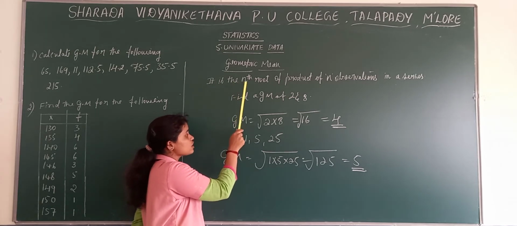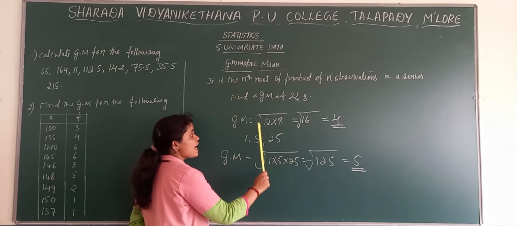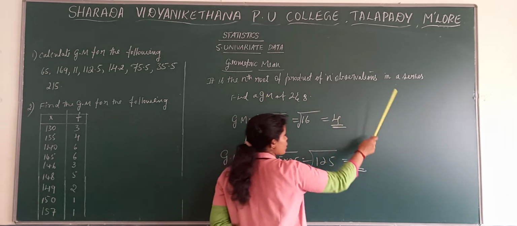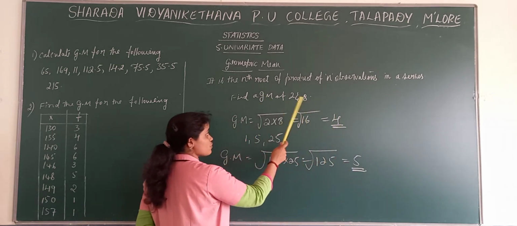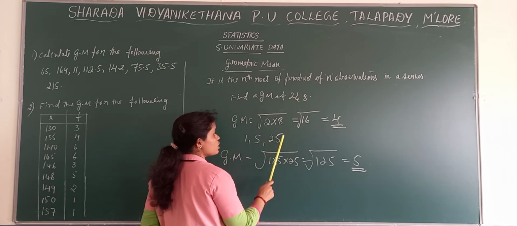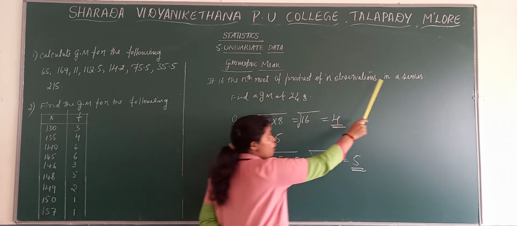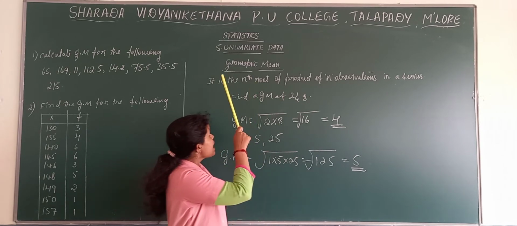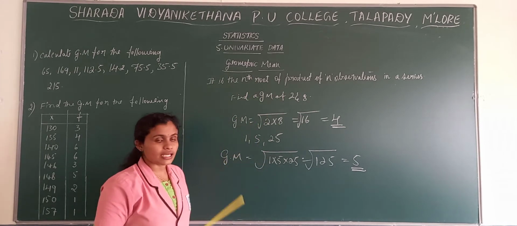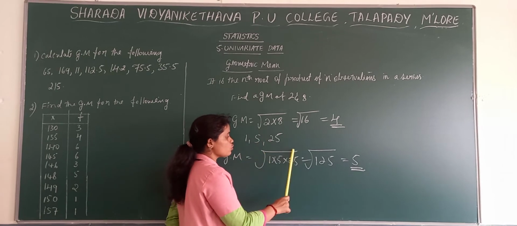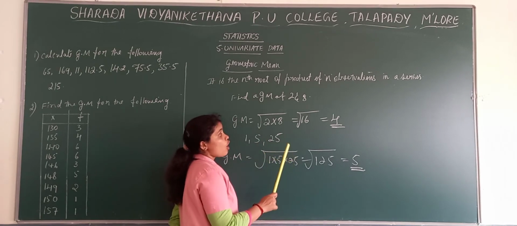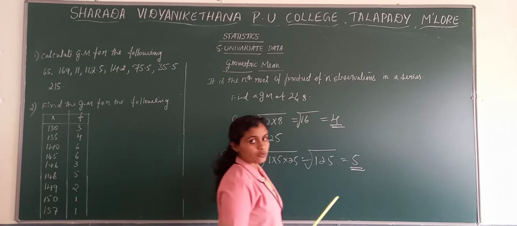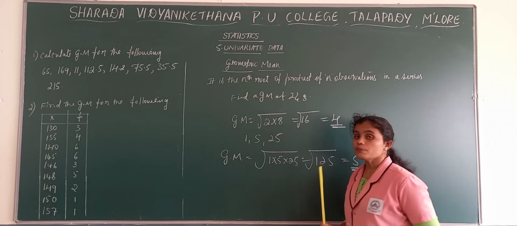It is the nth root of the product of the number of observations in a series. So it is the nth root of the product of observations in a given series. That we call geometric mean.